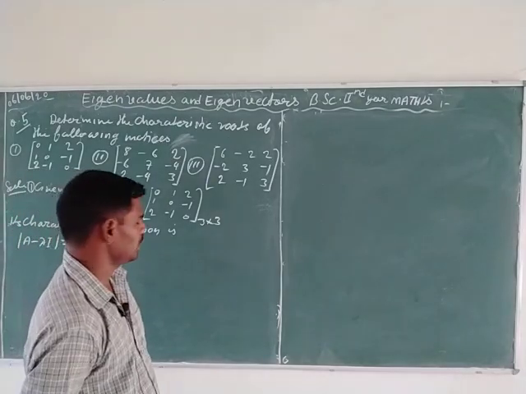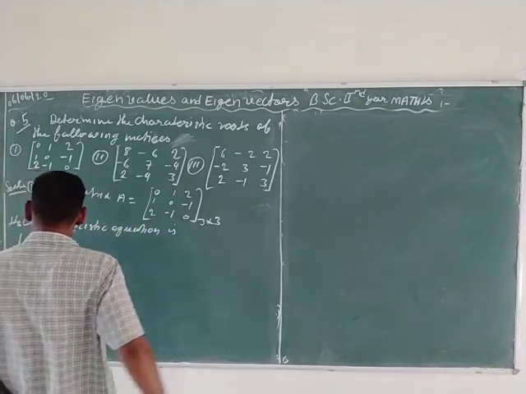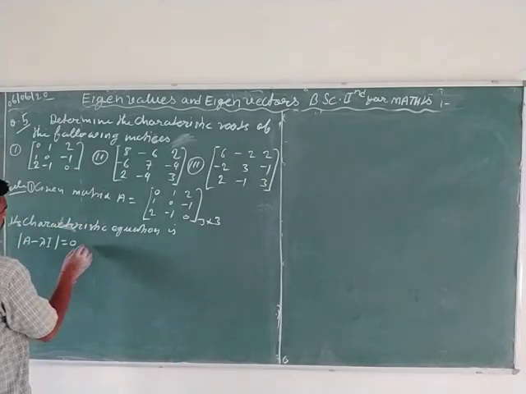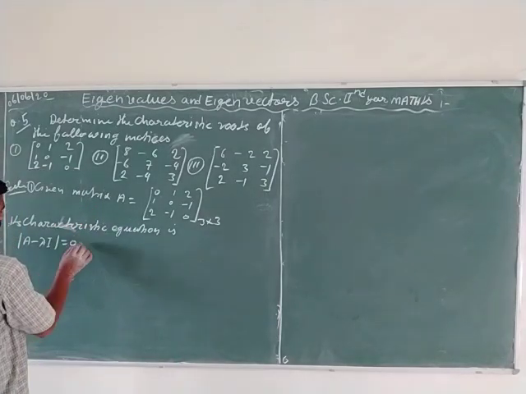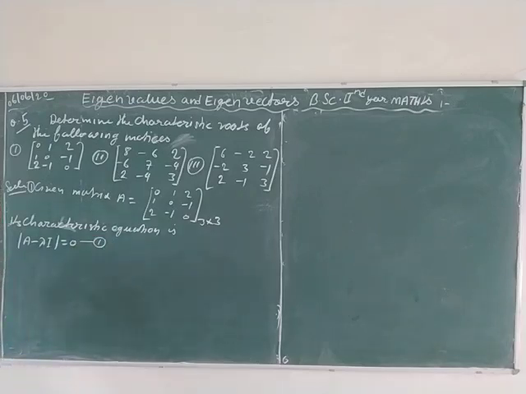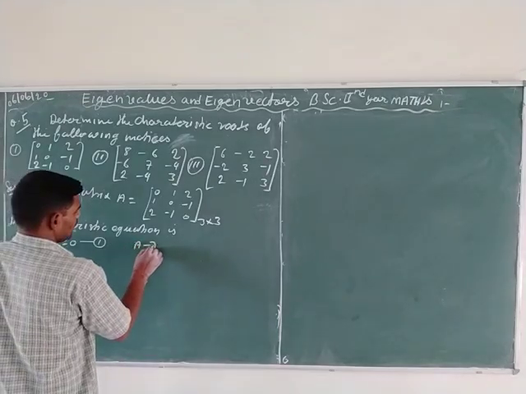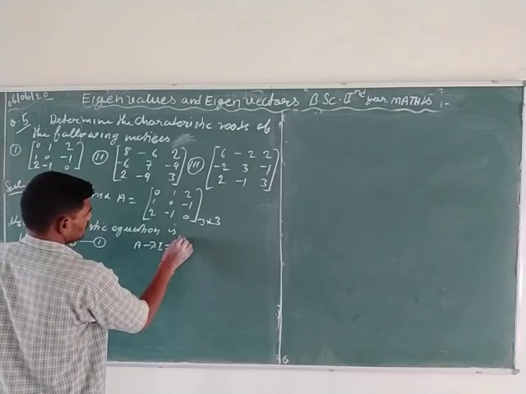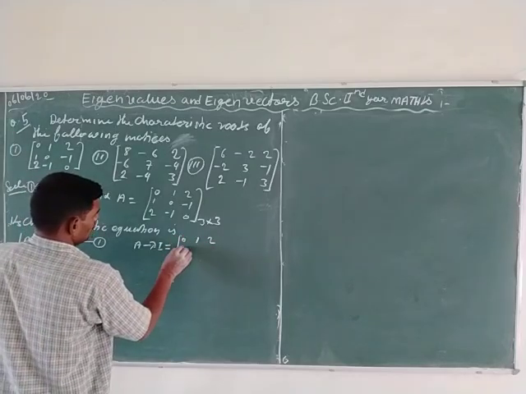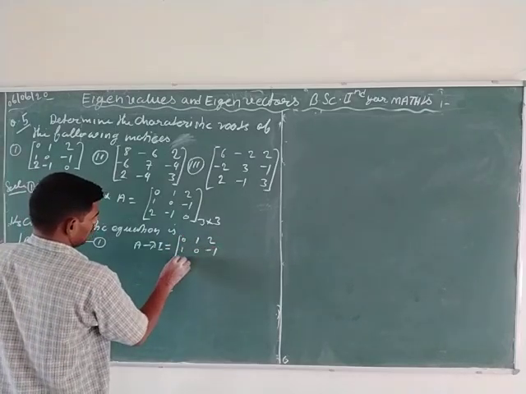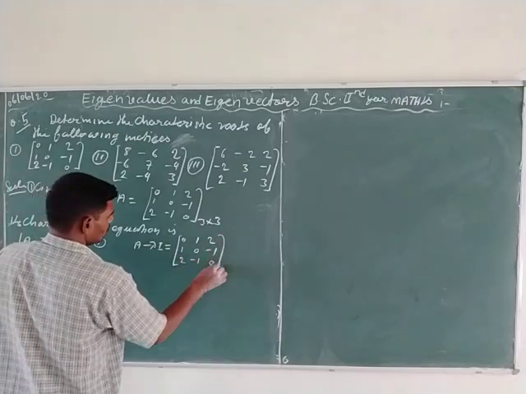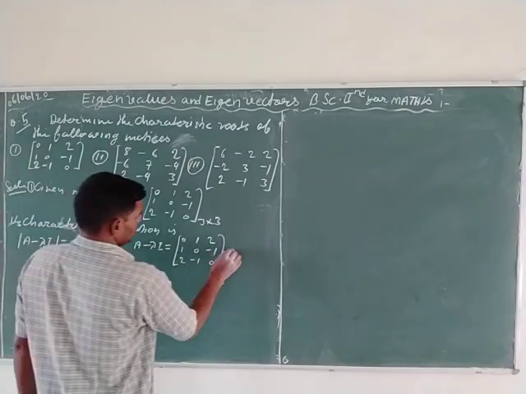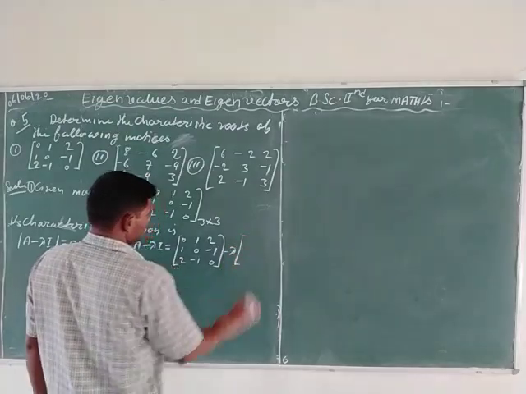So first calculate the lambda I value, and for this, first write the equation. First calculate the value of the A minus lambda I matrix. So write A minus lambda I is equal to matrix A, which is 0 1 2, 1 0 minus 1, and 2 minus 1 0, the given matrix, minus lambda times the identity matrix.